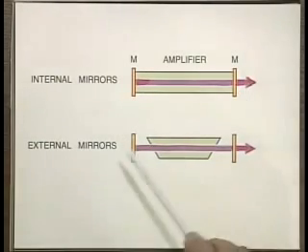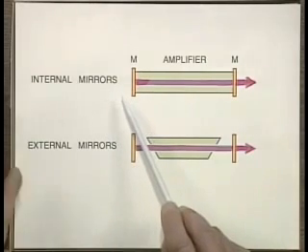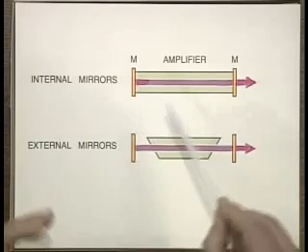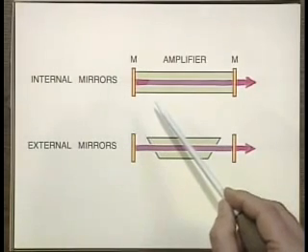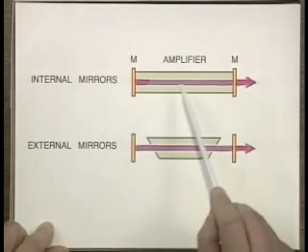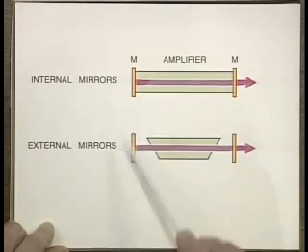The lasers that we have are simple ones called helium-neon lasers, because the amplifier is a helium-neon amplifier, and we'll talk about how that works in a little while. Now here, there are two kinds of lasers.